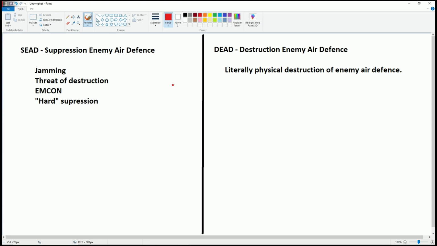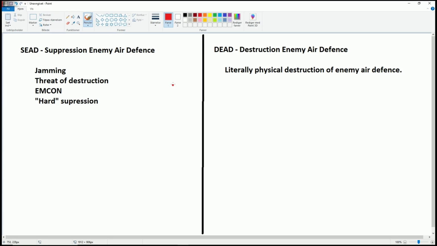I know several books that tell you the truth about these two different doctrines or tactics. I can link to those in the description so you can read them for yourself.